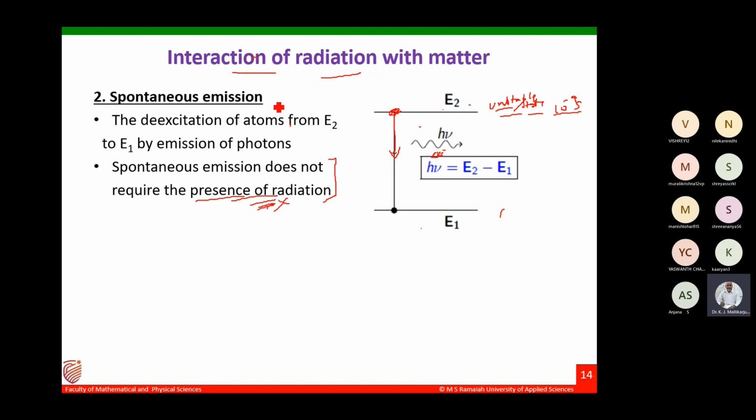Though we are discussing this under the heading interaction with matter, I really don't need external radiation to interact with matter. The moment the atom goes up, it immediately comes down to the ground state.